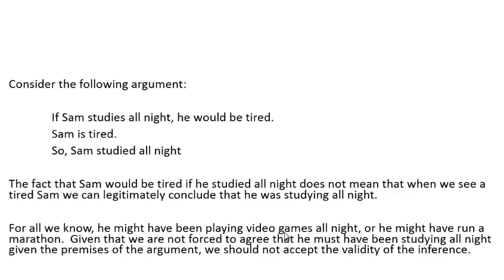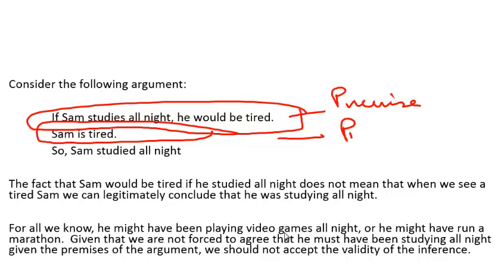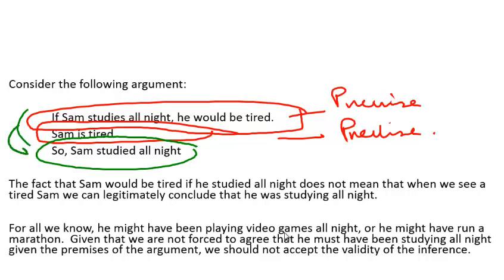If Sam studies all night, he'd be tired. Sam is tired. So these are premises. And here's the invalid inference that takes us to this conclusion: so Sam studied all night.